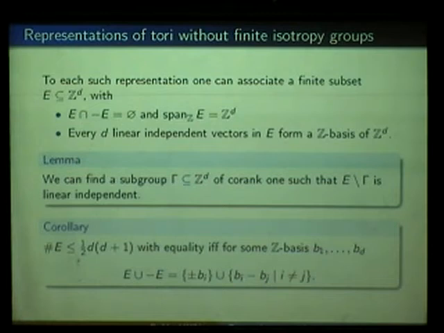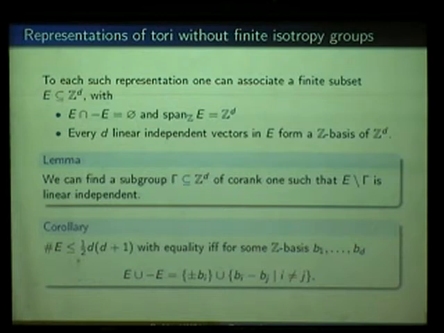For example, you can find a subgroup of co-rank 1 such that the elements of E outside this subgroup are linearly independent. That's a very strong statement. In particular, it gives you the optimal bound on E. A priori there's no upper bound for the set E, but it follows automatically that the order of this set is at most D times D plus 1 over 2, and you can do an equality discussion.